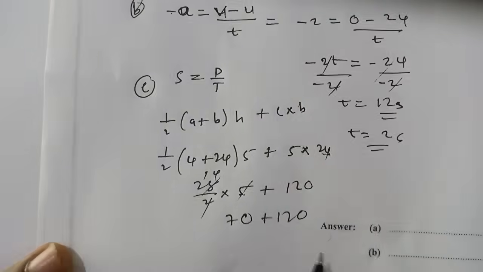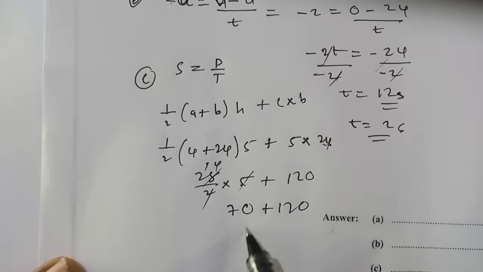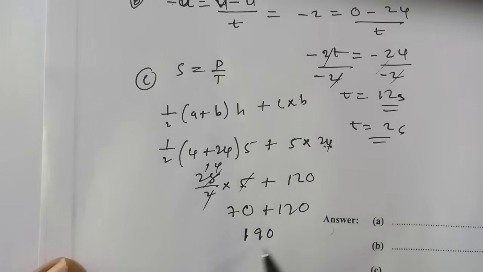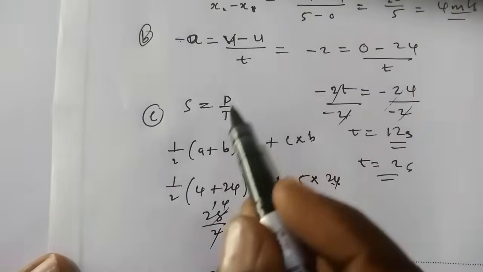So we have 70 plus 120, which is equal to 190. So our distance is 190, and this is the distance we want to use over here.